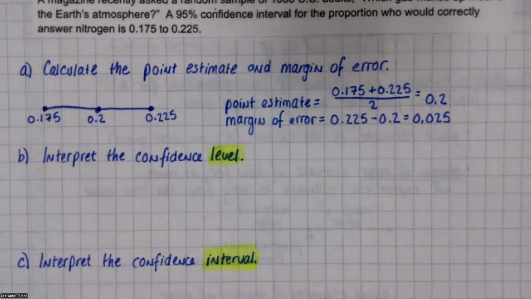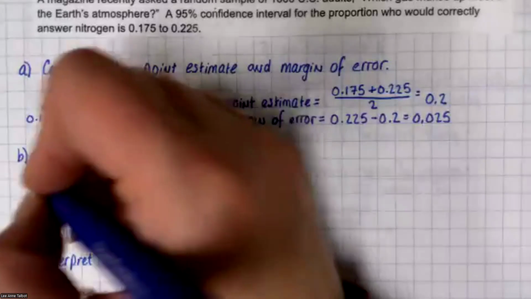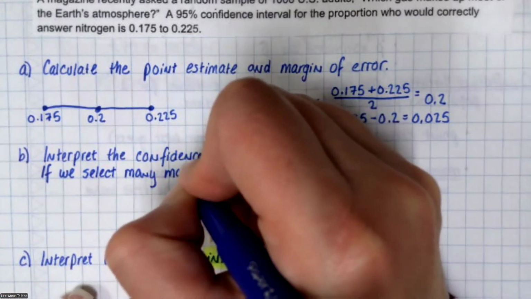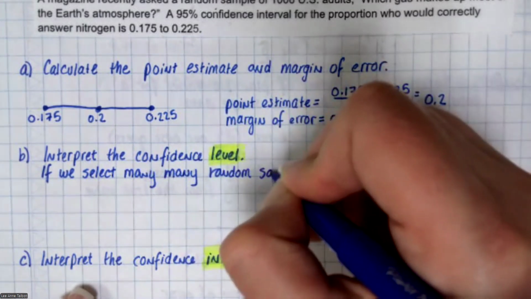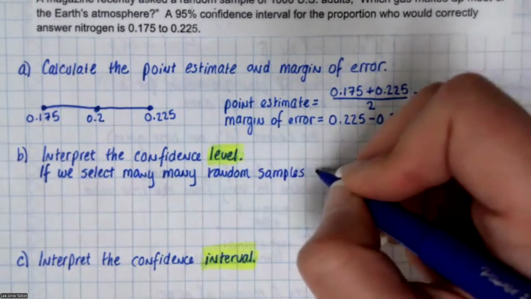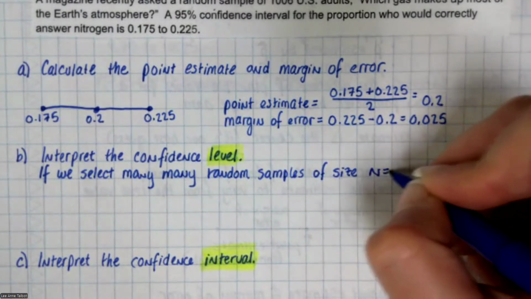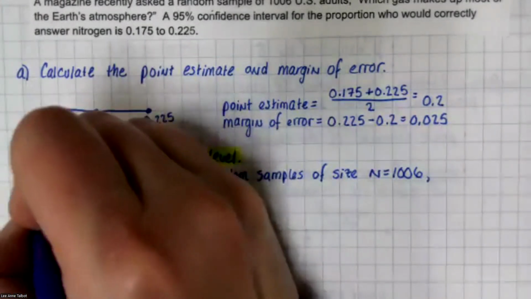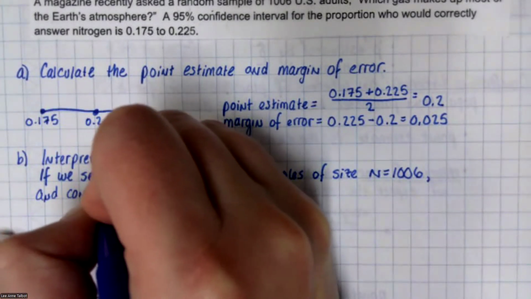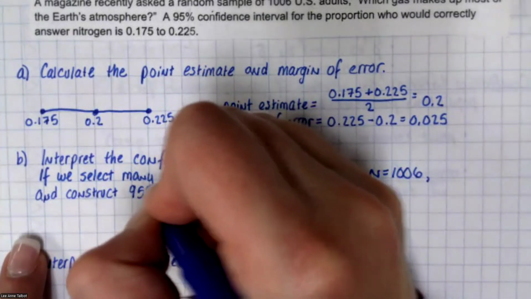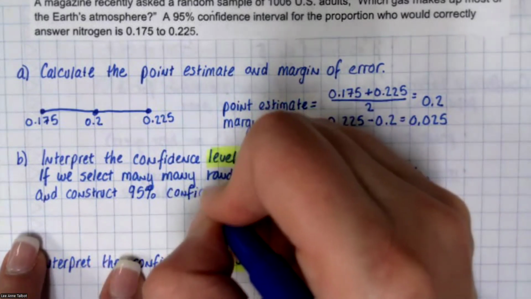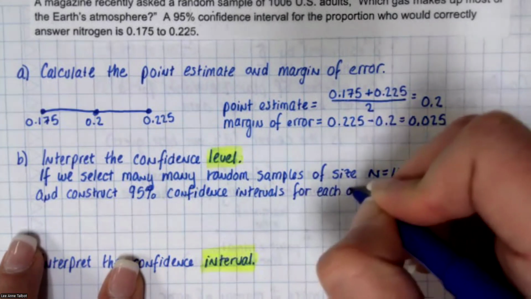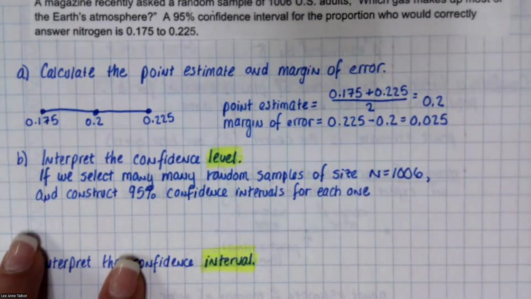Flipping back to the notes, it starts out with, if we select many, many random samples of size n equals 1006, comma, lots of different random samples of size 1006.